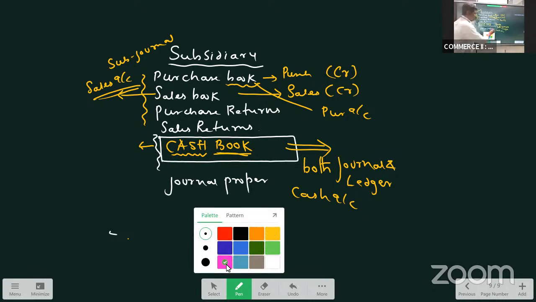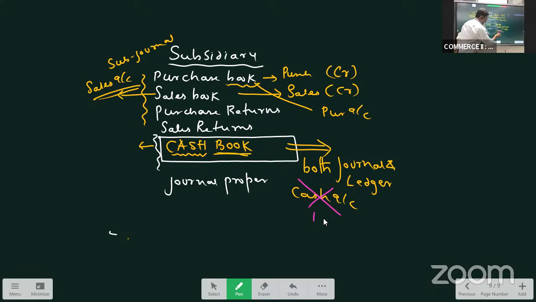The answer is a big no. We don't prepare a cash account because the cash book is the journal and also a ledger. It serves the purpose of both original entry and final entry.